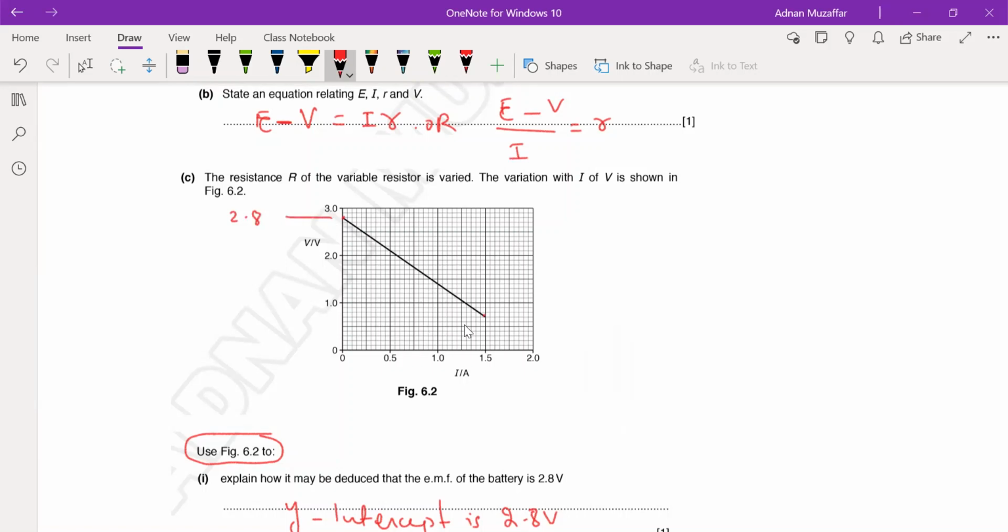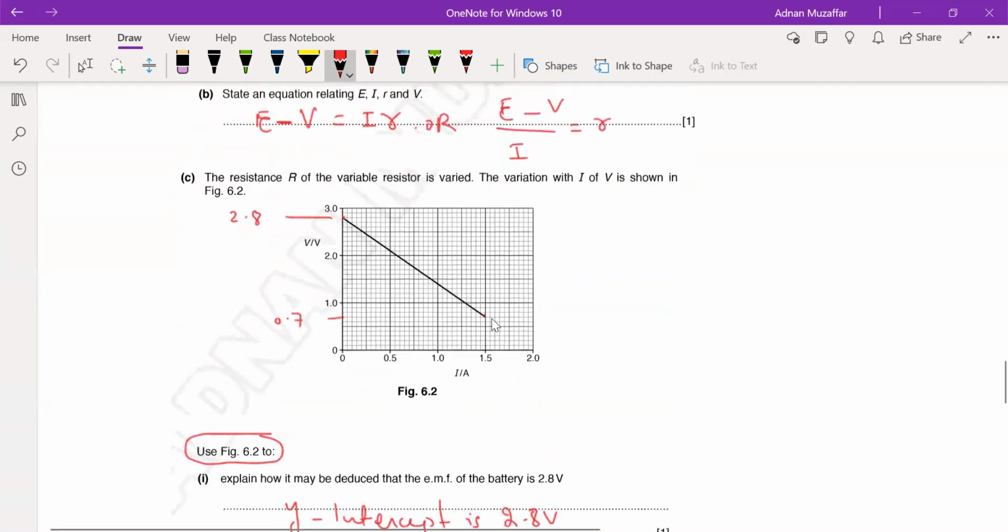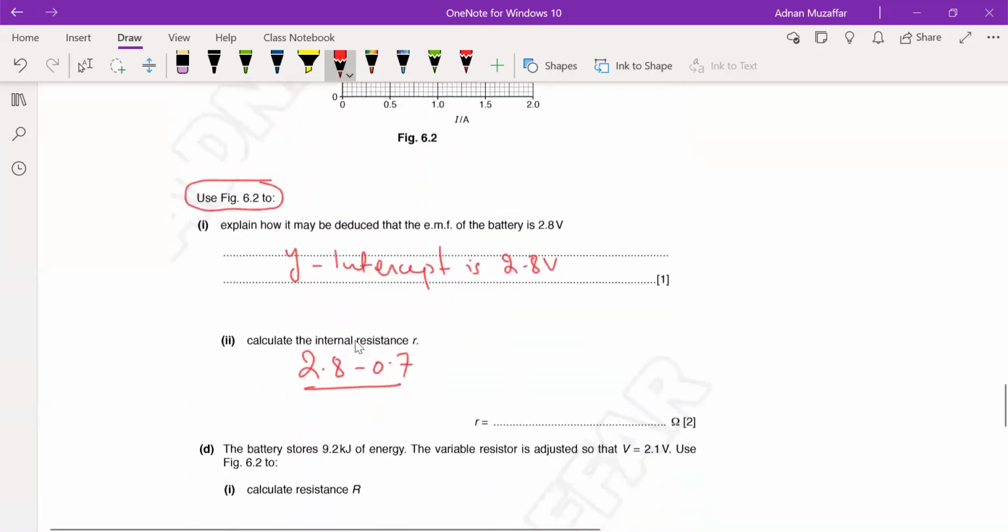And the x value is 0. At this point, each box is representing 0.1, I think, so it is 0.7. So along the y-axis we have 2.8 minus 0.7, divided by, along the x-axis, 1.5 minus 0, which is 1.5.